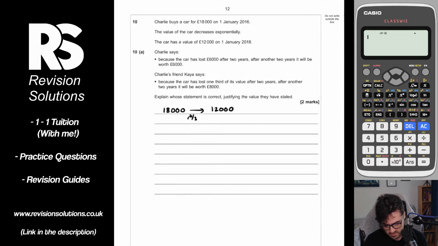And then just to check how the number comes out, if we times 12,000 by another 2/3 to lose another 1/3 of the value, that does give 8,000. So we'd say Kaya is correct because that's how exponential models work, or that's a property of exponential models.